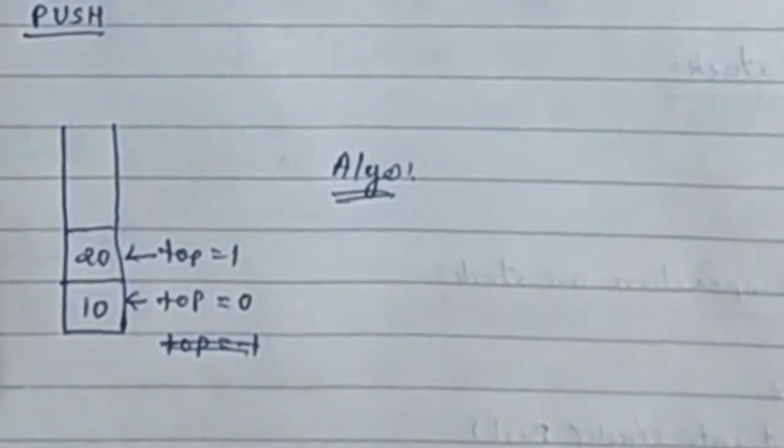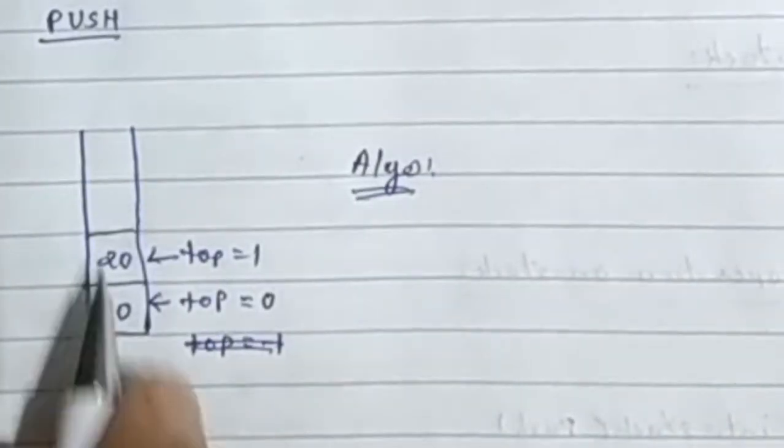For this, let's see the algorithm for this process. In the algorithm, first of all you have to check whether your stack is full or not. For example, this stack has maximum capacity of 4 elements, and if you reach the top position, then you cannot add more elements into the stack.